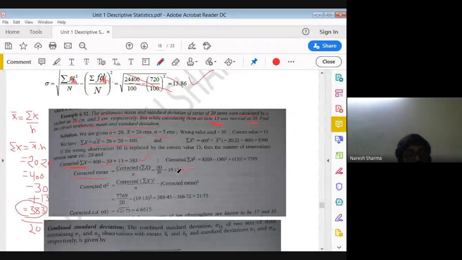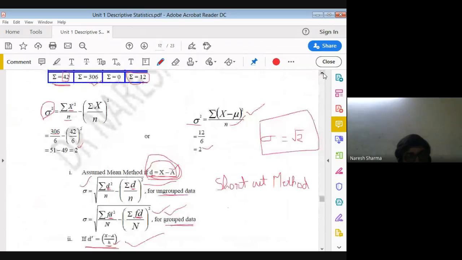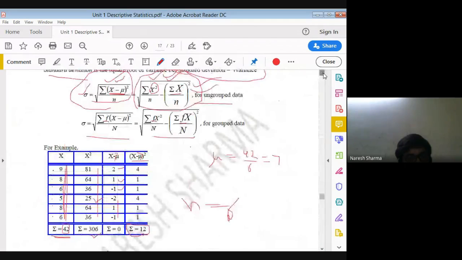Also, when you do the calculation in the formula of the standard deviation, I want to show you what your formula is. The actual formula is this one for the standard deviation. In this formula, we have the summation x, also summation x square. Because of the wrong entry, summation x is affected, that we corrected now.